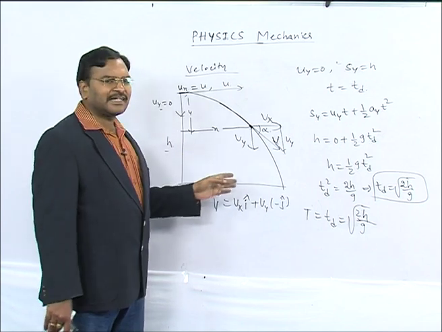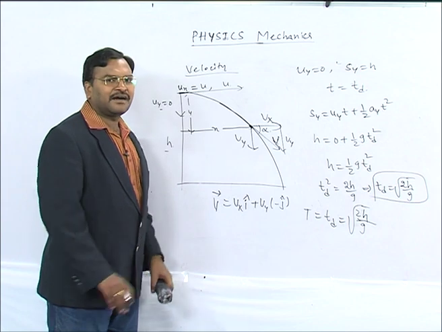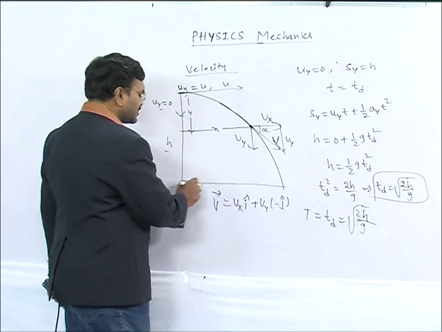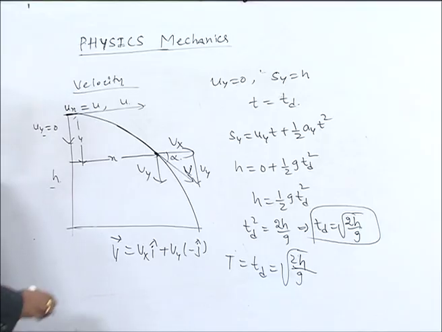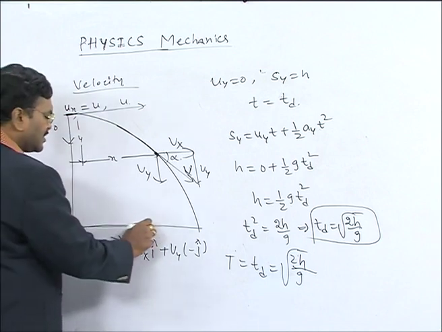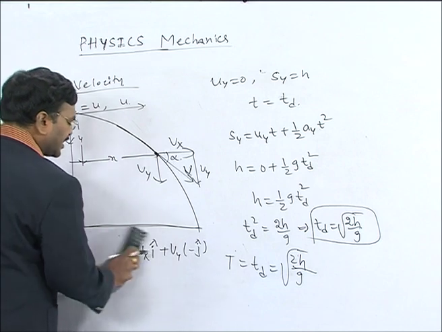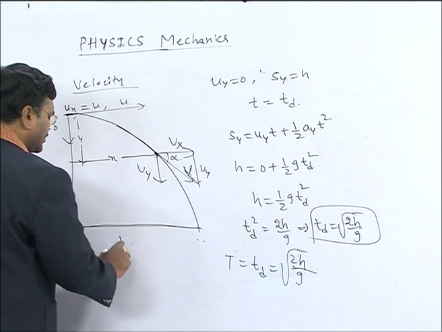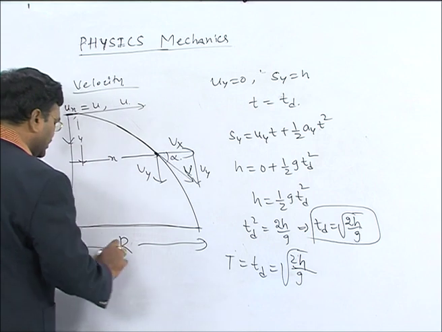And also we calculate the range of a body. How do we calculate range? Horizontal distance travelled by the projectile during time of flight is called range. Like this, this is the range.